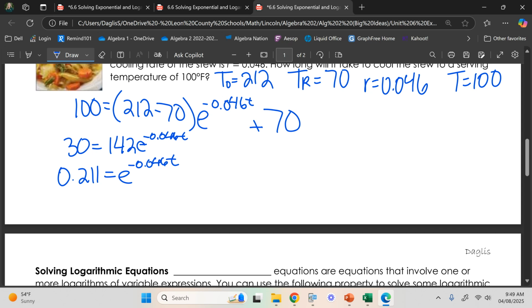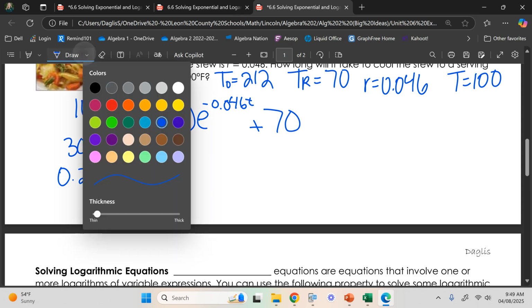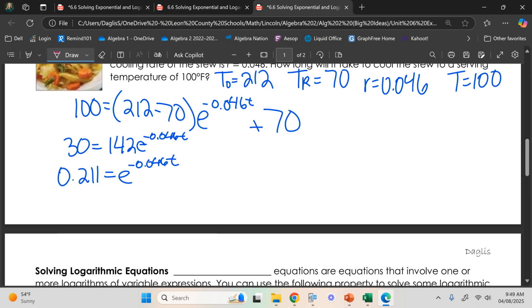Now we finally have that base by itself. Nothing else is being multiplied or added to it. So I can bring in a log with the matching base. What log has the matching base? ln, good, my natural log. So we're going to take the natural log of both sides.